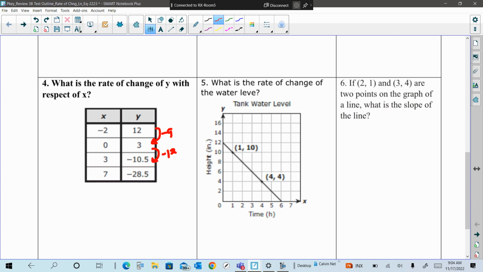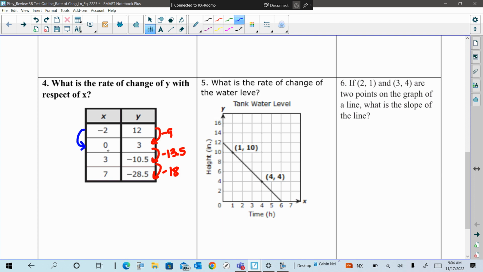That's a negative 13.5. You see how they're different numbers here? Don't let that confuse you. From here to here is a negative 18. Is that minus 9? Yes, minus 9, negative 9, negative 13.5.